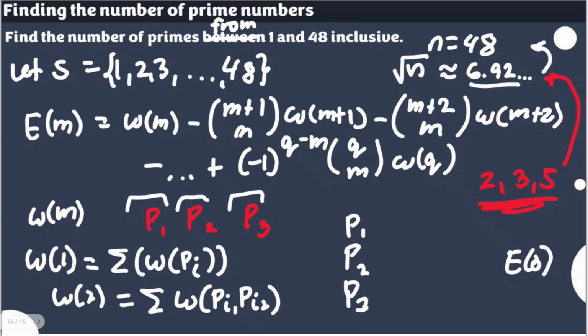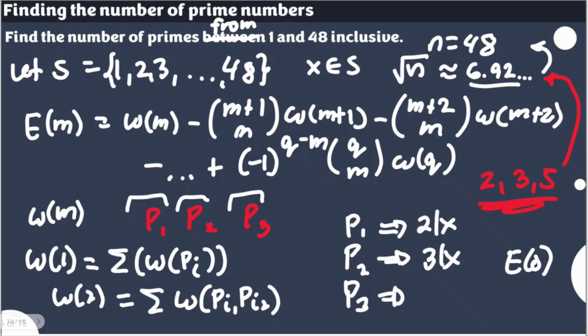Okay, let's talk about this one. What if our P sub 1 is the characteristic of all numbers that are divisible by 2? All numbers x, where x is an element of S. The characteristics here are all numbers divisible by 2, all x's divisible by 3, and all x's divisible by 5. This would mean that if we compute all of this, the numbers that represent this are actually no longer prime.